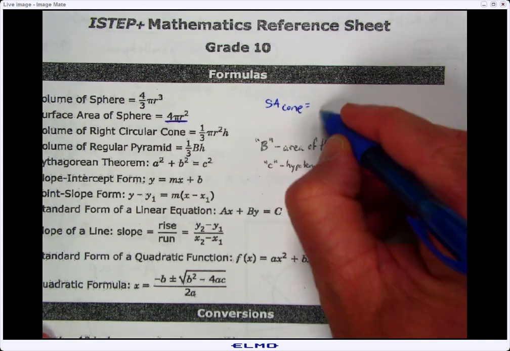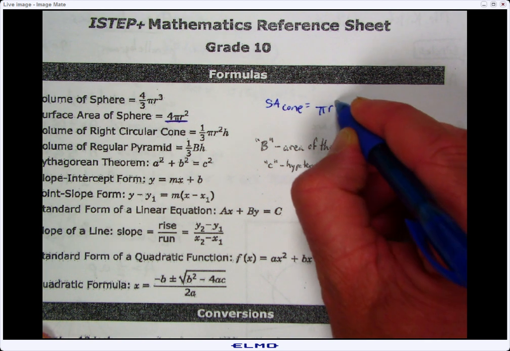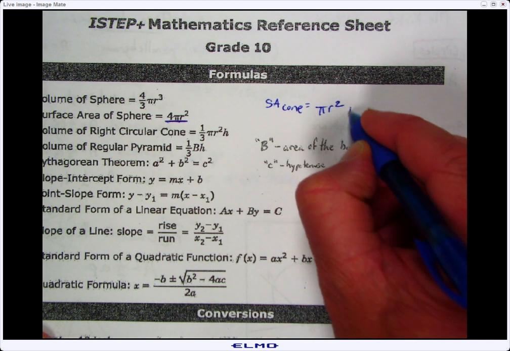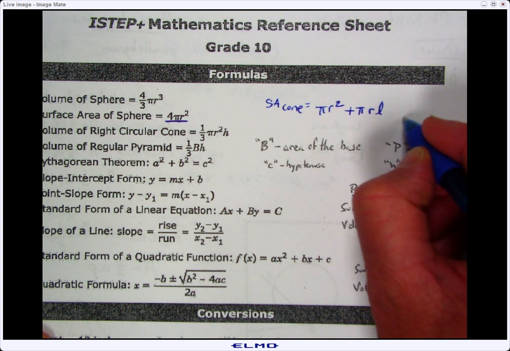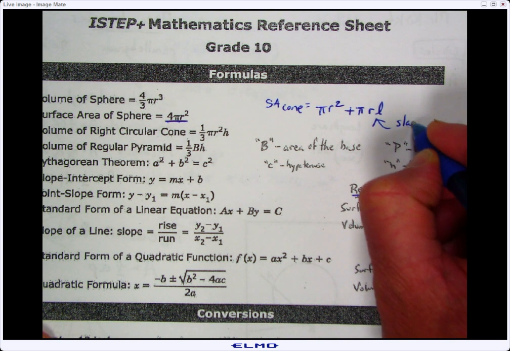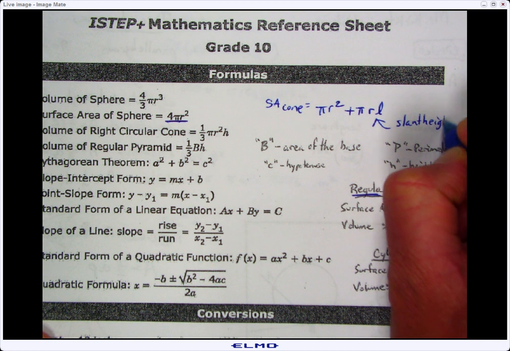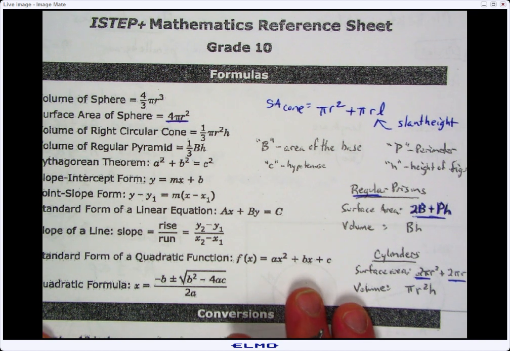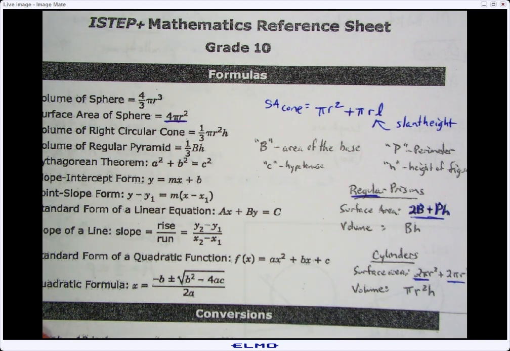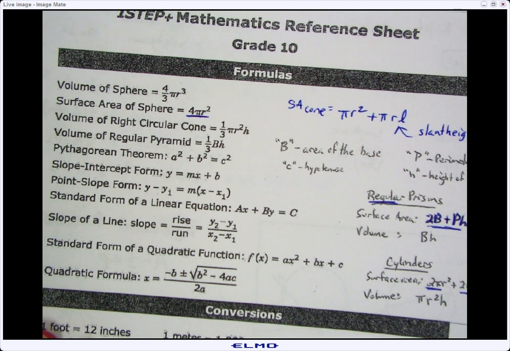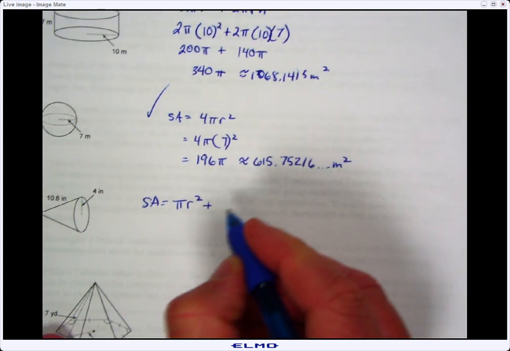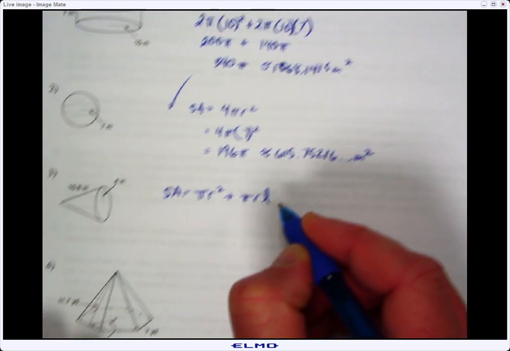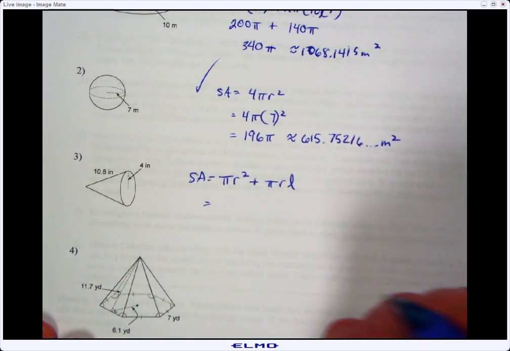It's pi r squared, that's the bottom or the top, however your cone is, plus pi r l. And you know what r is. L is called the slant height. So add that to your formula sheet. I'll try to make sure that you have it on there when I get back. Pi r squared plus pi r l. So we go back to our problem. Pi r squared plus pi r l. Again, once you know the formula, it's pretty much straight plug in.